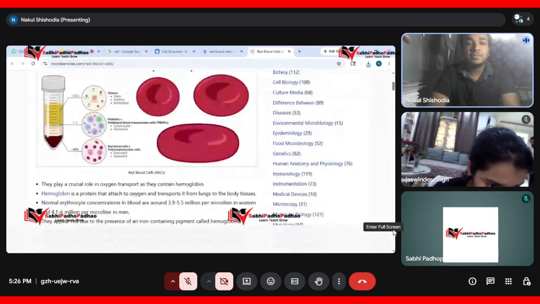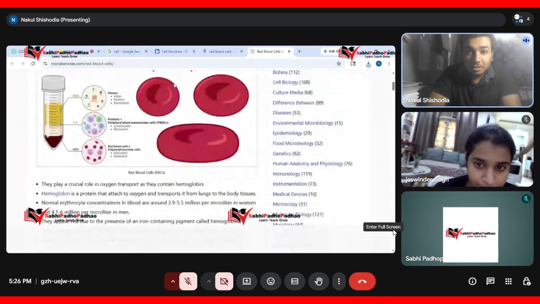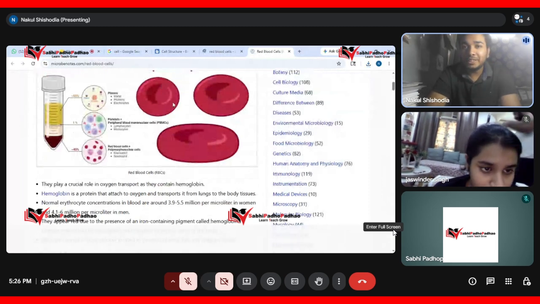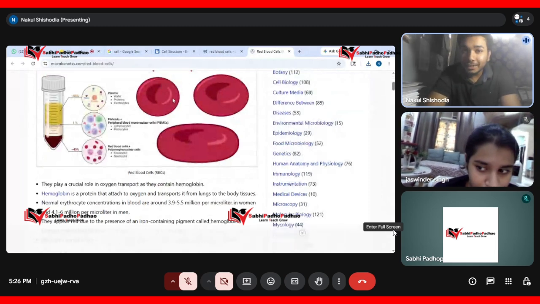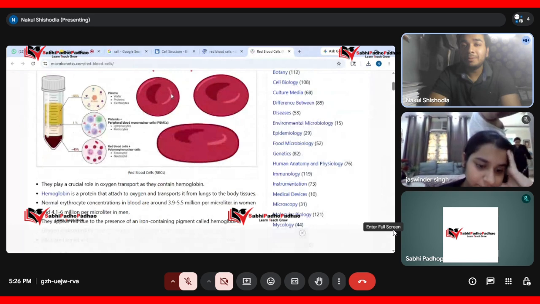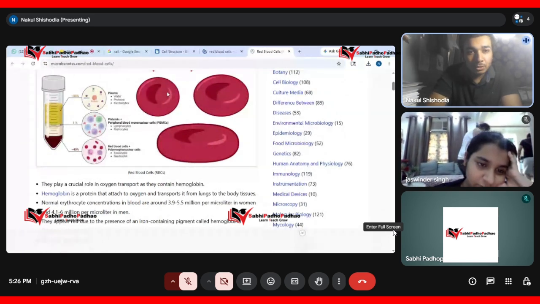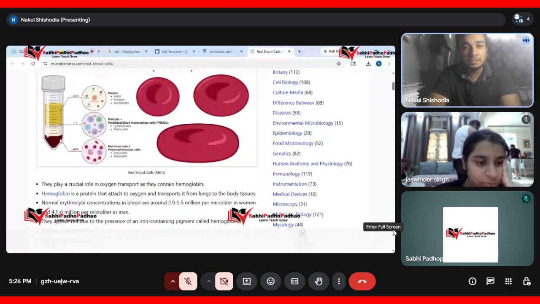Now see, this is the cell which is present inside the blood, and it is because of these red blood cells that blood appears to be red. Now these are the various components which are present inside the blood.